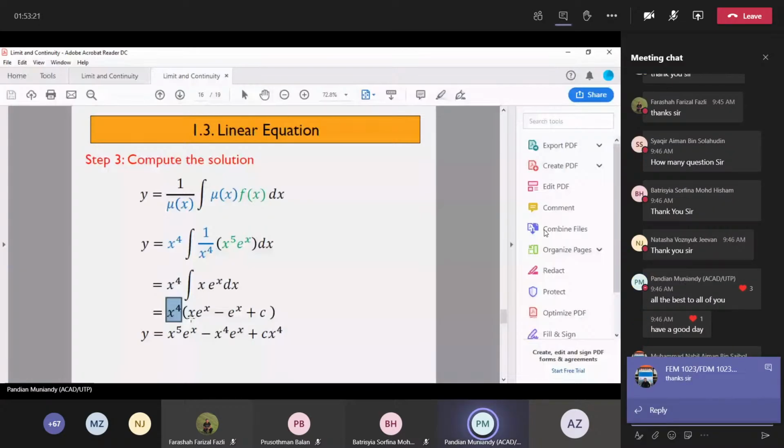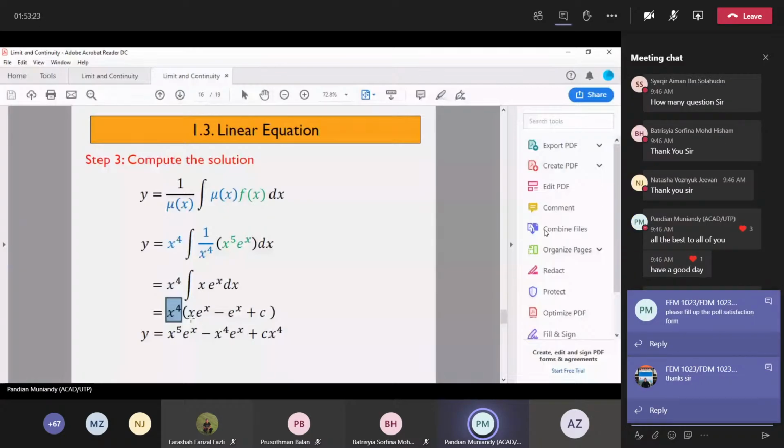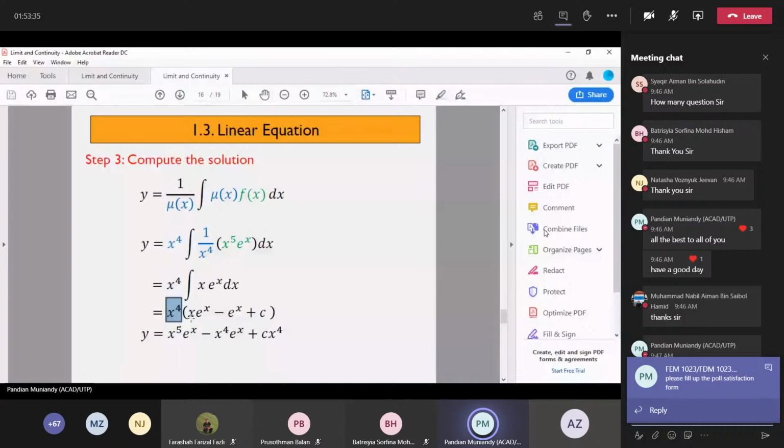There were some glitches just now. If you cannot see the slide, then you have to go check in ulearn for test 1. Read the instruction carefully.